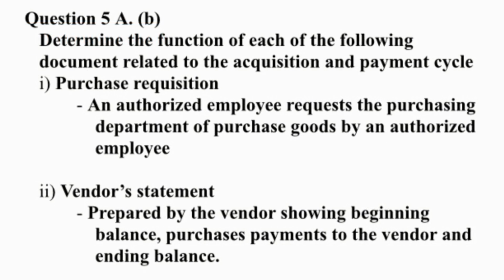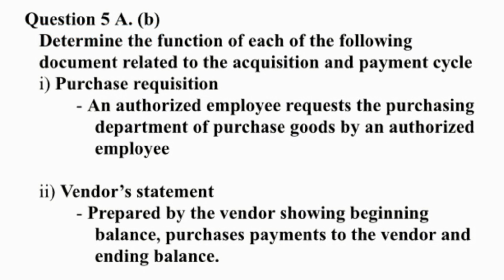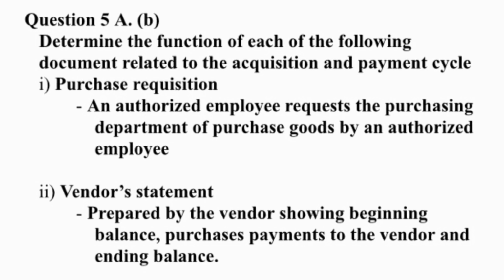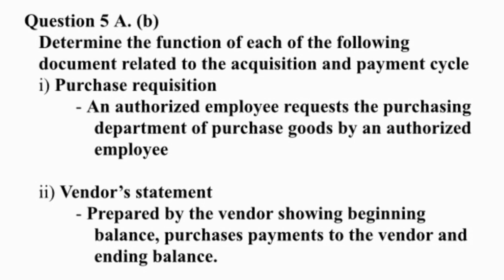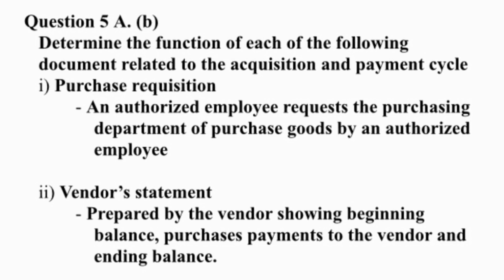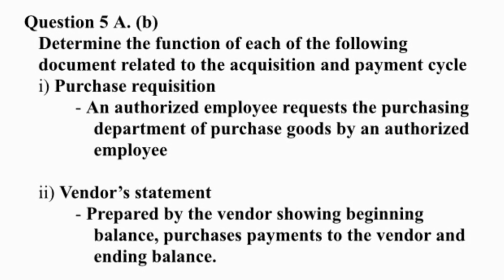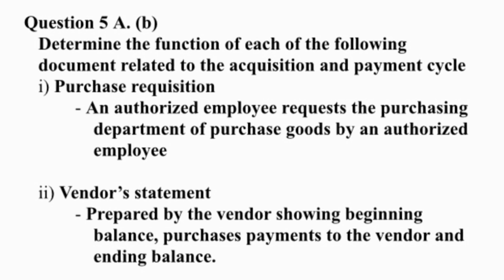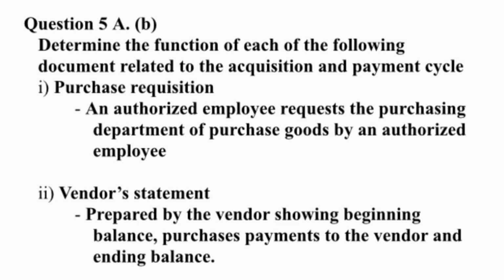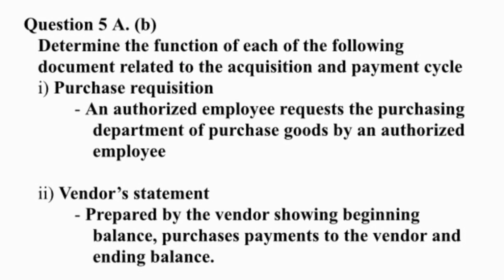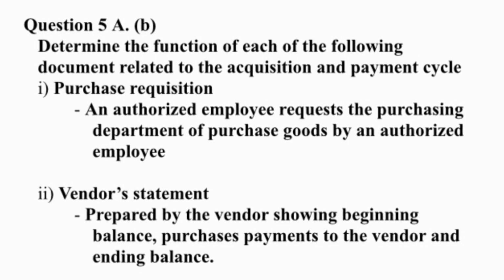The function of a purchase requisition is that an authorized employee requests the purchasing department to purchase goods. The function of a vendor statement is that it is prepared by the vendor showing the beginning balance, purchases, payments to the vendor, and the ending balance.